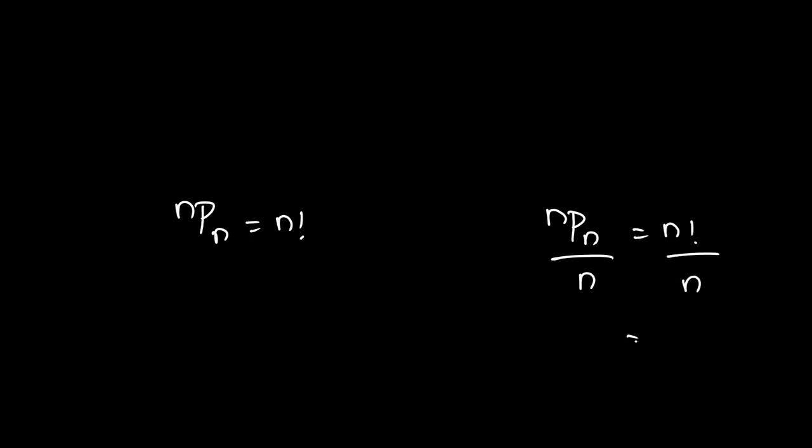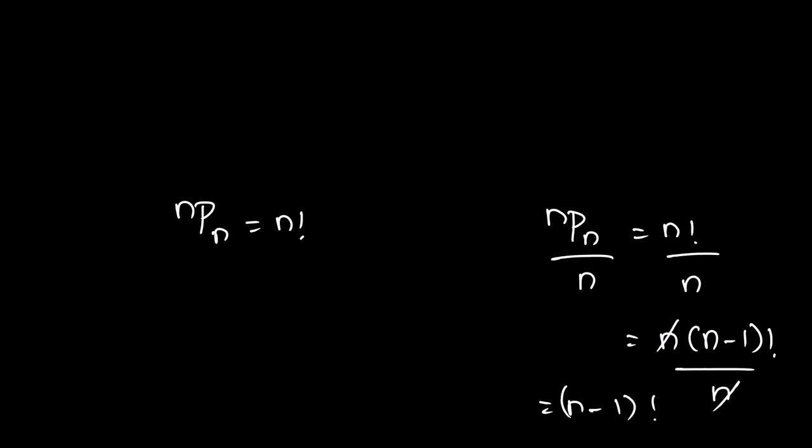The reason is the same. In permutation nPn, in circular permutation it is nPn divided by n. nPn means n factorial, so n factorial divided by n. n factorial can be written as n into (n minus 1) factorial, divided by n. This is the reason.